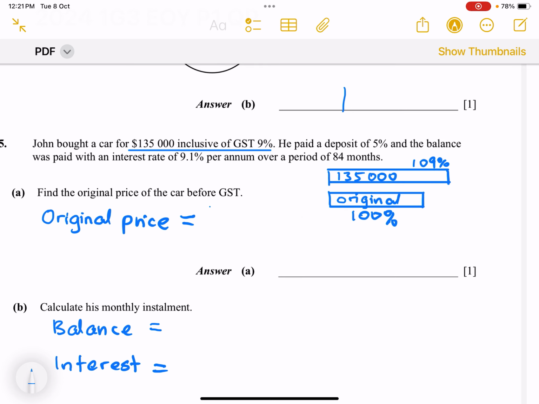Therefore, to find the original price, we first divide by 109 to get 1%, and then we multiply by 100 to get the original, which is 123,853.21. So answers to money are always in 2 decimal places. There are no fractions.